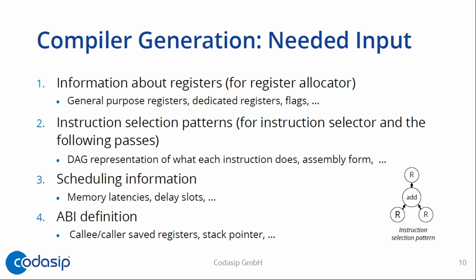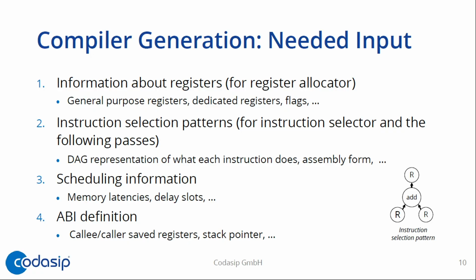So what do we need to generate a compiler? First of all, we need information about the registers for register allocation. So we need to know how many registers you have, which register files you have, whether you have dedicated registers or flags or whatever. This is needed as the first step. Then the second step is that we also need the list of instructions, including patterns, to be able to schedule or select proper instructions.